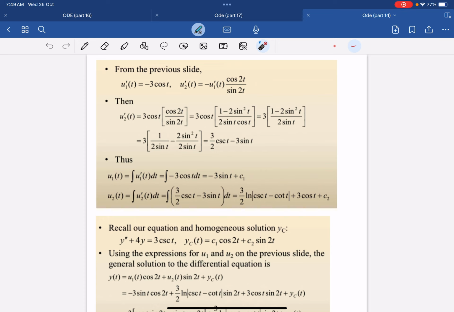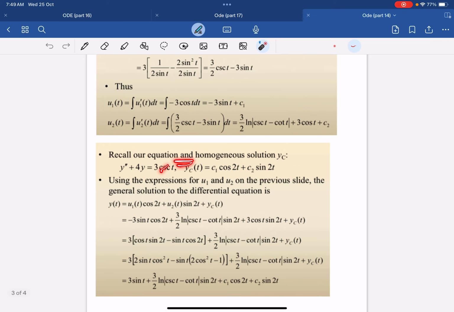What is this? And we see that it will be minus 3 sine t plus c1. As for u2, we just sub in u1 prime as the 3 cosine t, and we get it equals this. And thus when we integrate this, we get this over here.